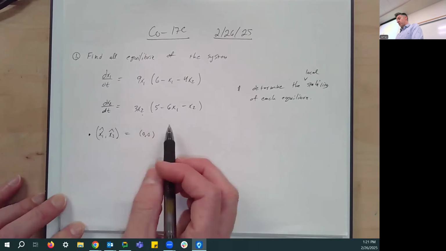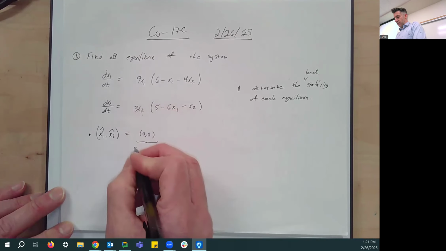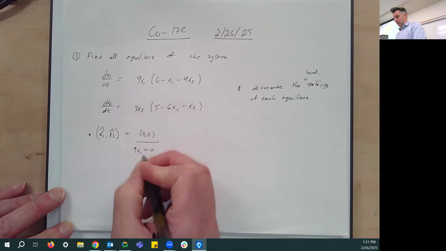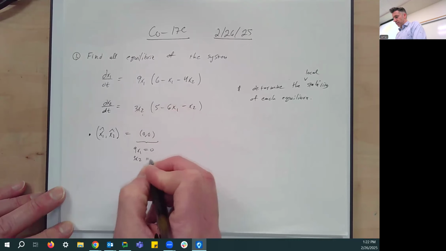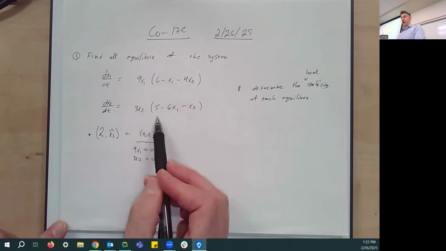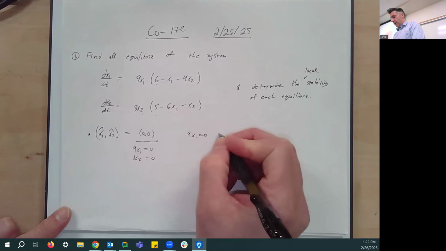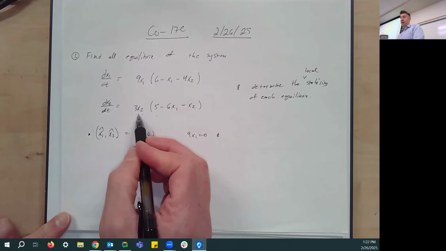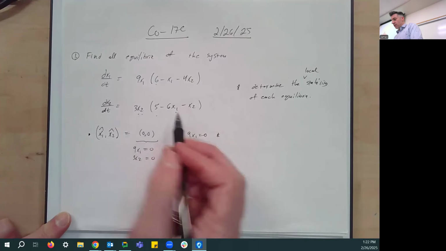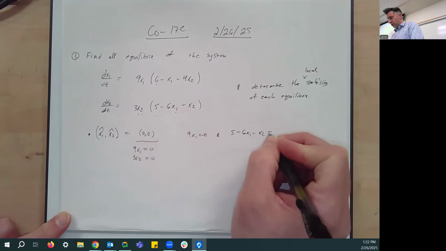So to find this first solution, what I really did was set the factors 9x1 equal to 0 and 3x2 equal to 0. That's how I found that first equilibrium. To find the other ones, I'm going to just pair one of these factors with one of those factors. So I'm going to set 9x1 equal to 0, and 5 minus 6x1 minus x2 equal to 0.